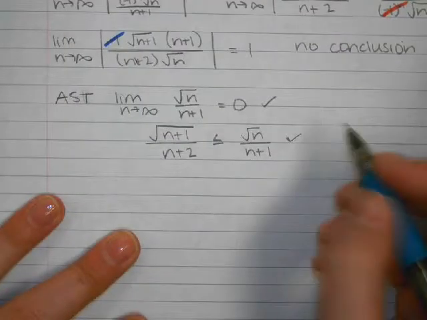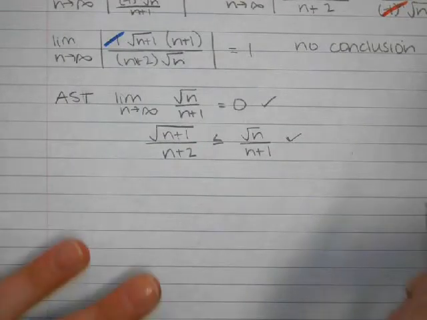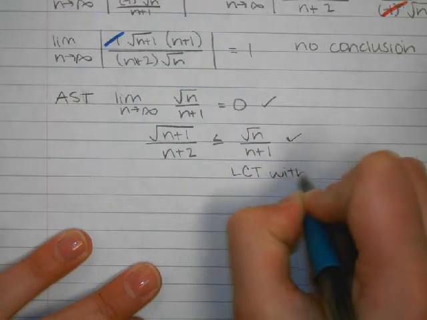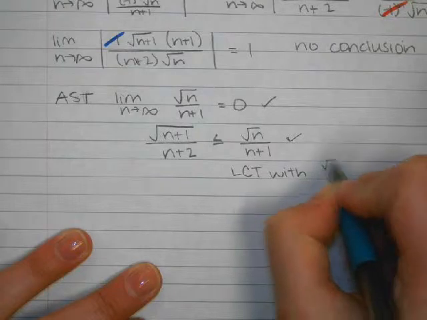So I'm going to go ahead and do the limit comparison test with the square root of n over n.